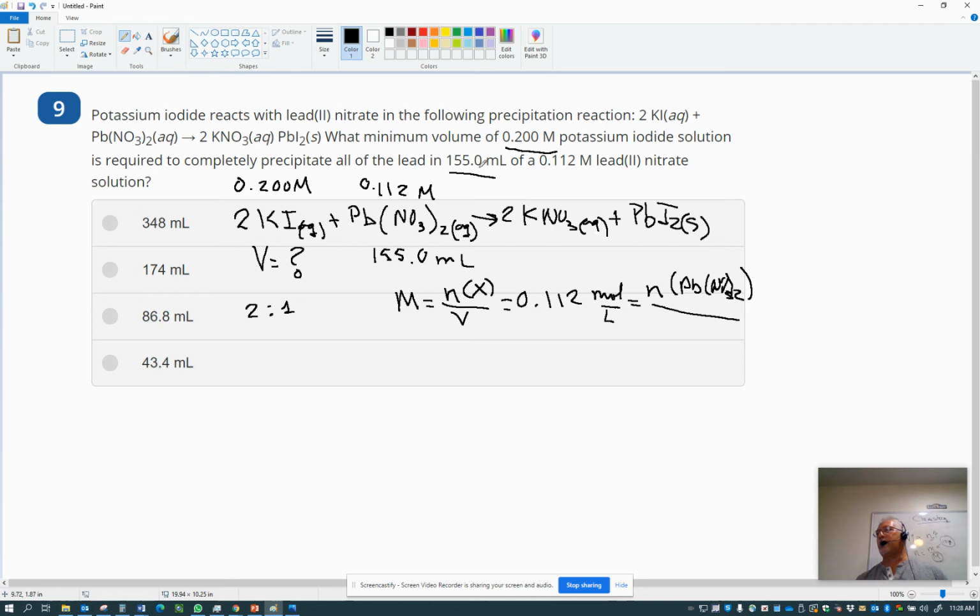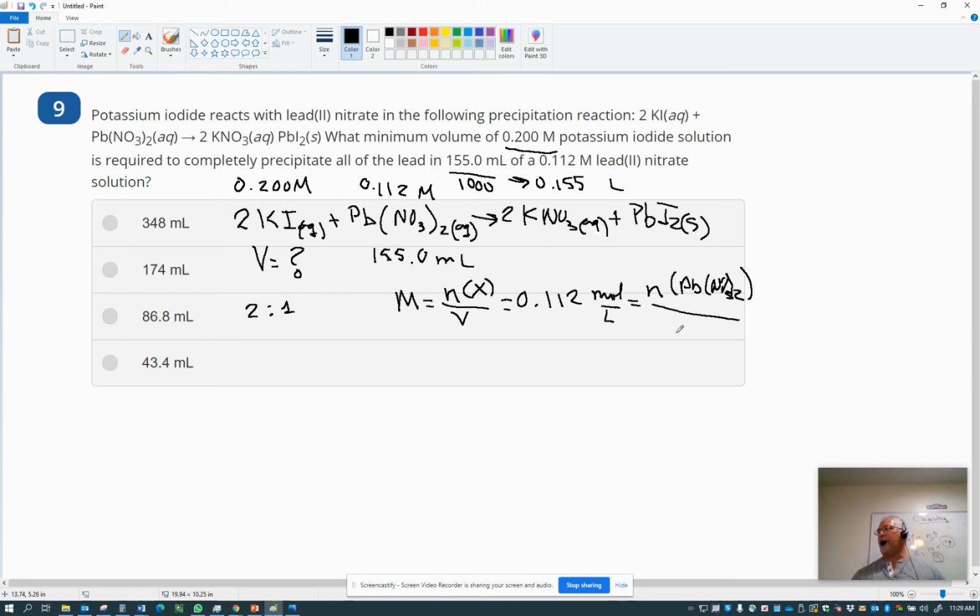We need to convert the 155 milliliter to liter by dividing by 1,000, and the answer will be 0.155 liter of solution. Why do we need to convert to liter? Because the unit of molarity is mole per liter.